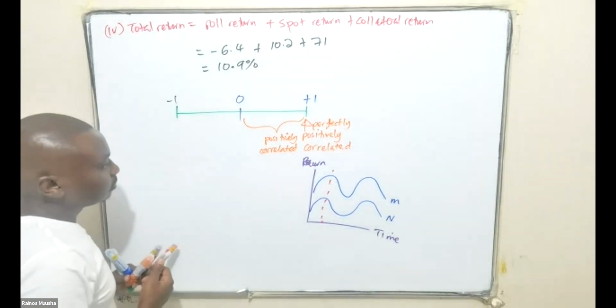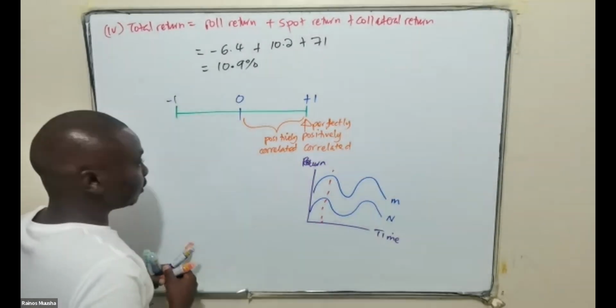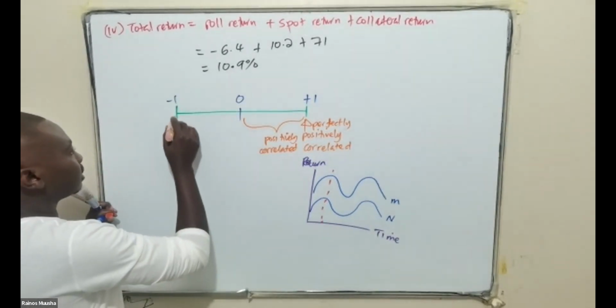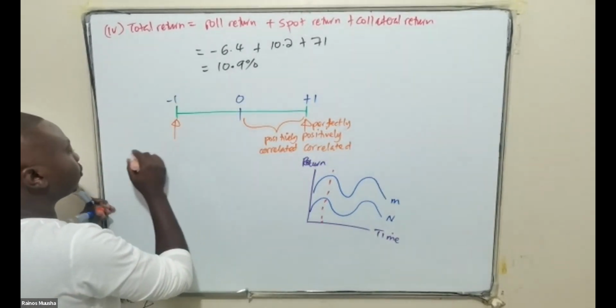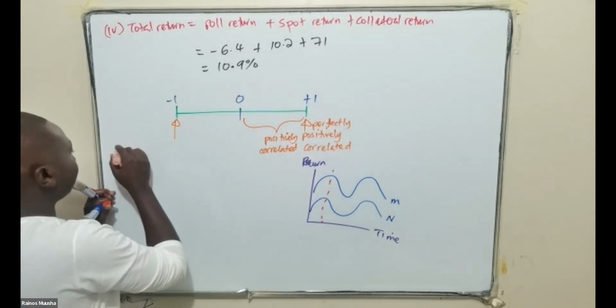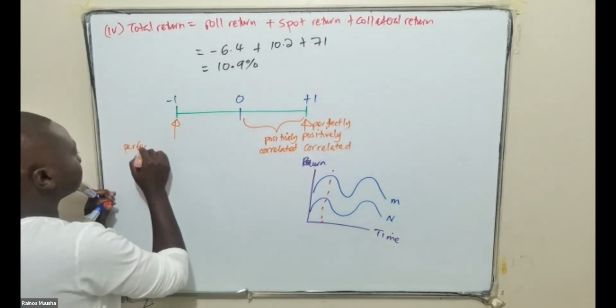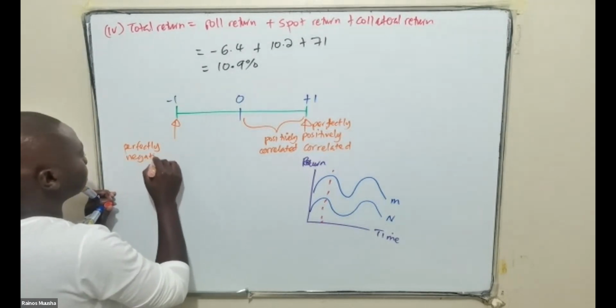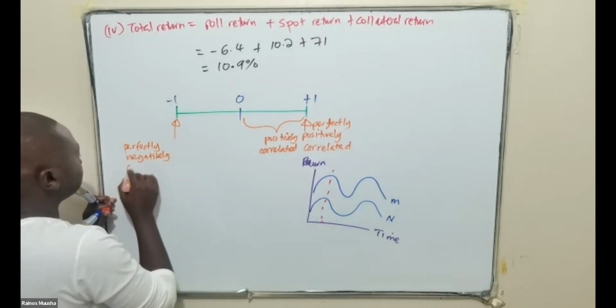Then, when your correlation coefficient is at -1, this is where we say the assets are perfectly negatively correlated.